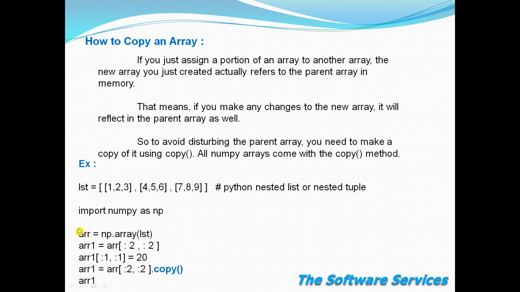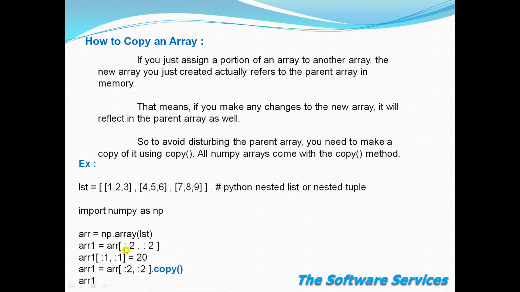The NumPy array is available as ARR here, and I want to copy not all of it, but some portion. We already discussed indexing. Through indexing we have selected some portion of this array, and that portion we have to copy to a variable.